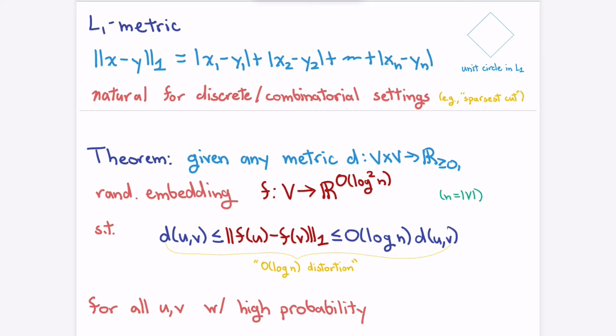This could be like the shortest path metric of a graph, for example. So you have an undirected graph, you compute all pairs shortest paths, you have all these messy things, you can embed in L1 and roughly estimate all the distances between vertices. So that's what we'll do. Any questions about the claim?